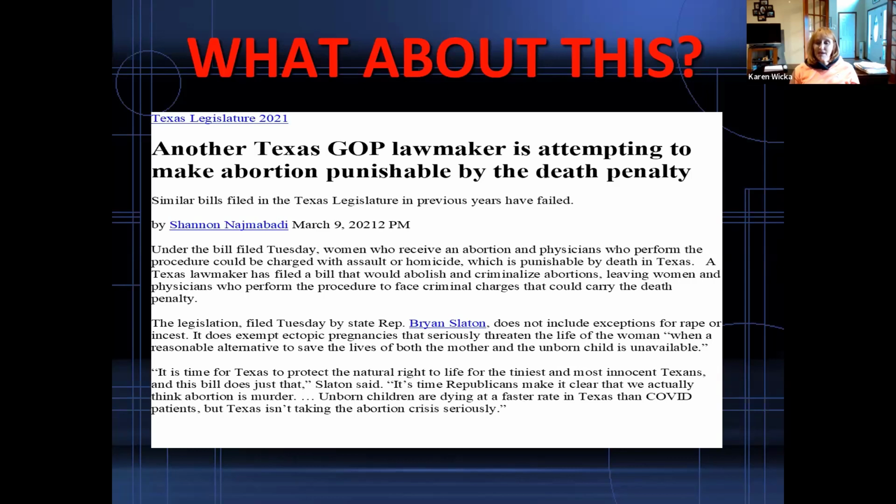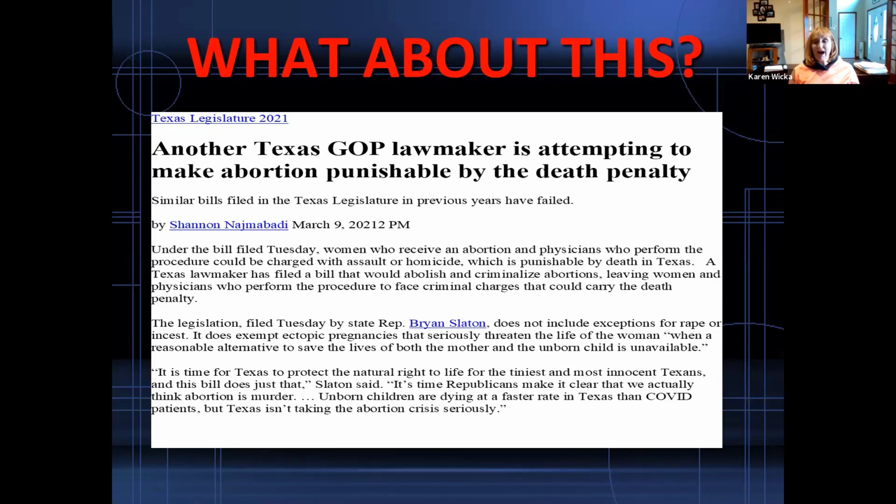Some states try to classify the fetus still inside the mother as a person, and therefore, if you have an abortion, it could be taking the life of another person, which could be a homicide. And then we'll talk about the levels of homicide. They want to make it the highest homicide, the one eligible for the death penalty.